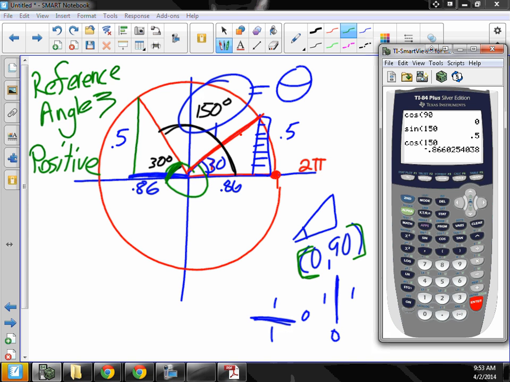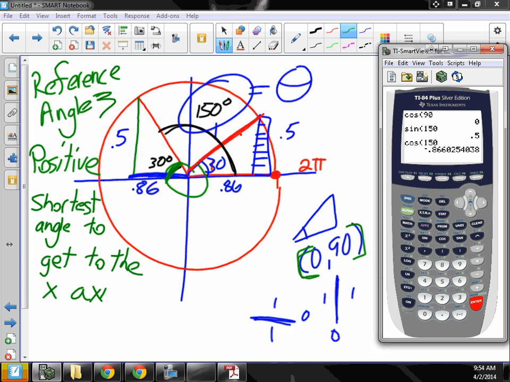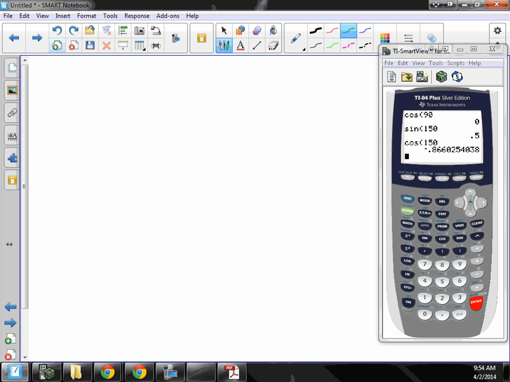Okay? And second, a reference angle is the shortest angle to get to the x-axis. So the reference angle is always the shortest angle that will get you back to the x-axis. So each quadrant has a specific reference angle.